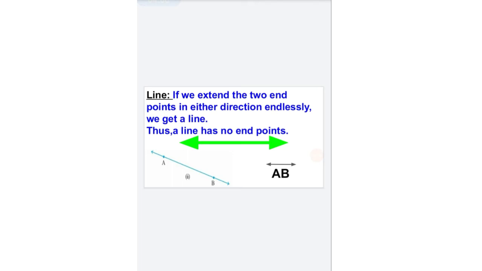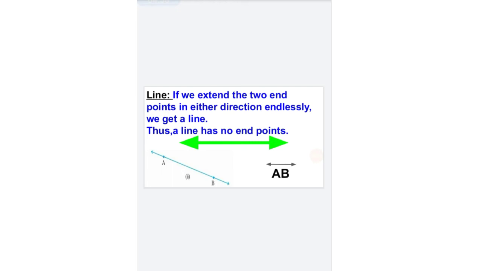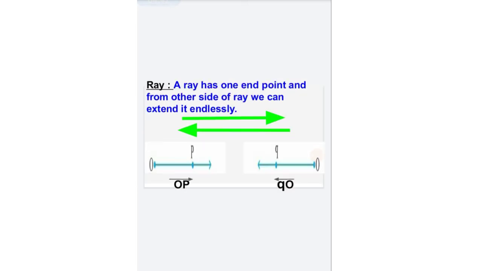Similarly, in the case of a line, we put a small line with two arrows on both sides, which represents that it is a line. You can see here AB with a line having an arrow on both sides means AB is a line which can be extended from both sides endlessly. Okay, now I hope it is clear to you how we can represent the name of a line and a line segment. Similarly, we have the case of a ray.